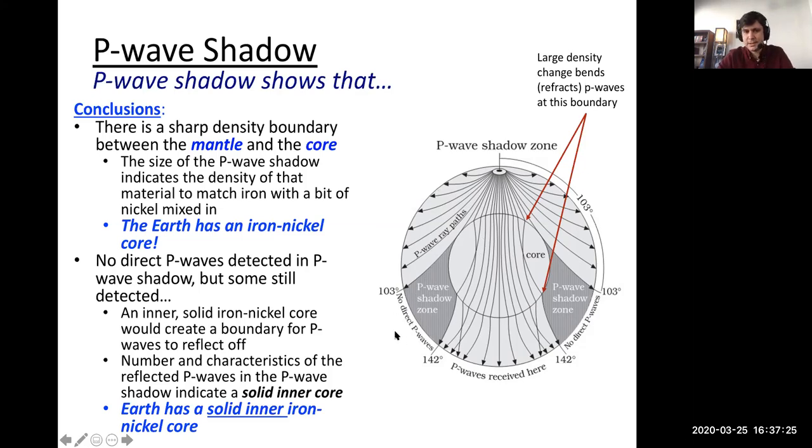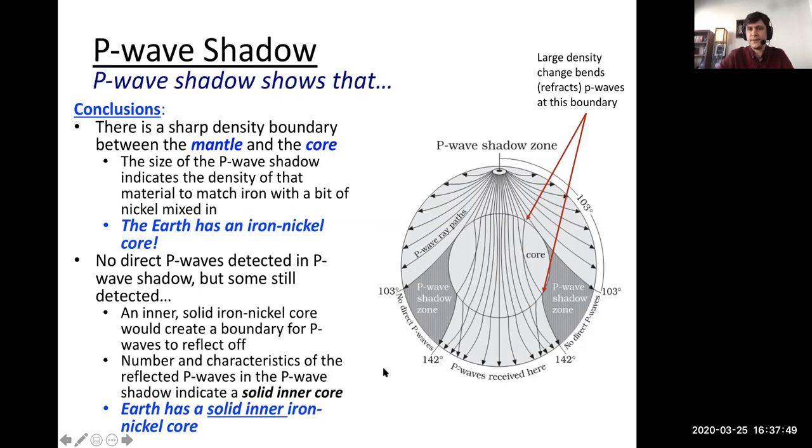So we can measure how many there are, their distribution, and that allows us to determine that these P waves are bouncing off of a solid surface, because you will get a reflection, another wave property, when these P waves go from a liquid boundary to a solid boundary. So they will reflect off of that solid boundary and fill out the P wave shadow a little bit.